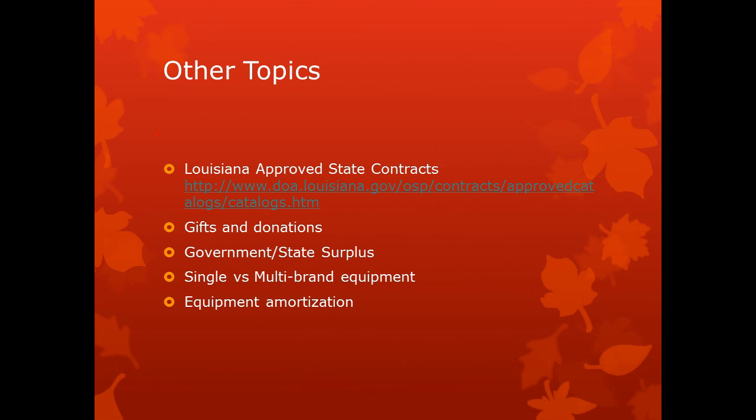Gifts and donations. We've had a number of car dealerships in our particular area that have donated cars to our auto mechanics or diesel mechanics program. Quite frankly, a lot of these cars are damaged in some way, shape, or fashion.